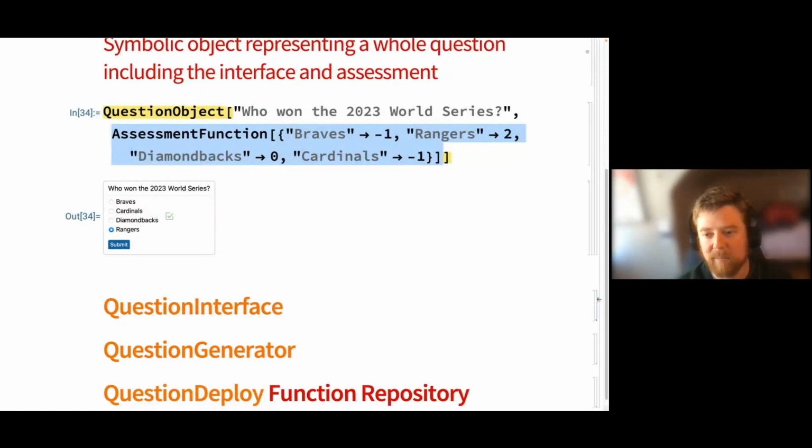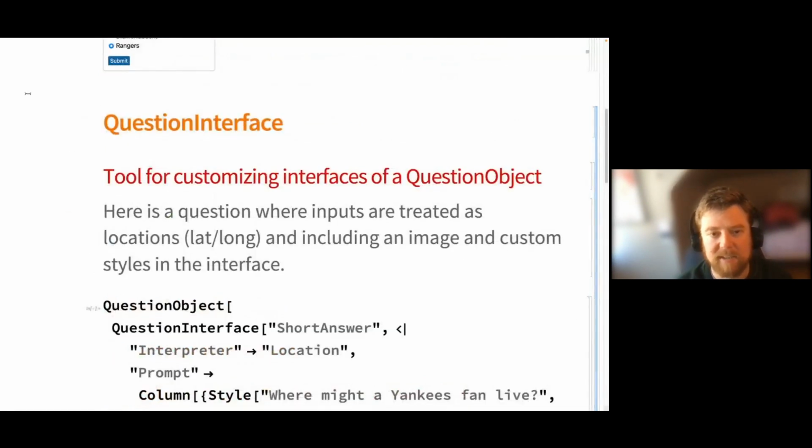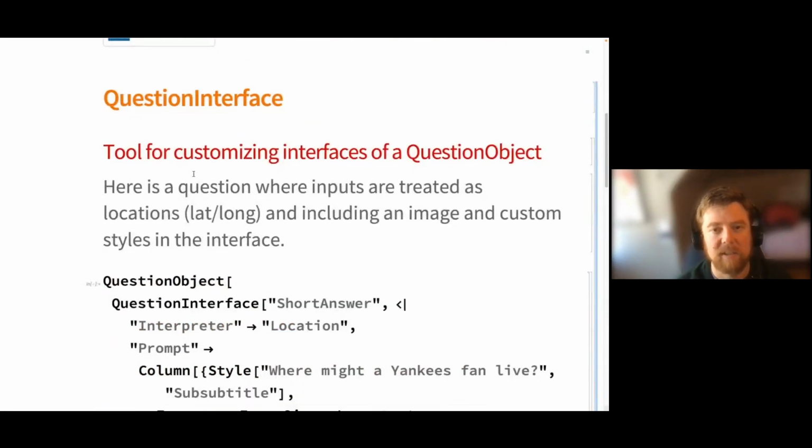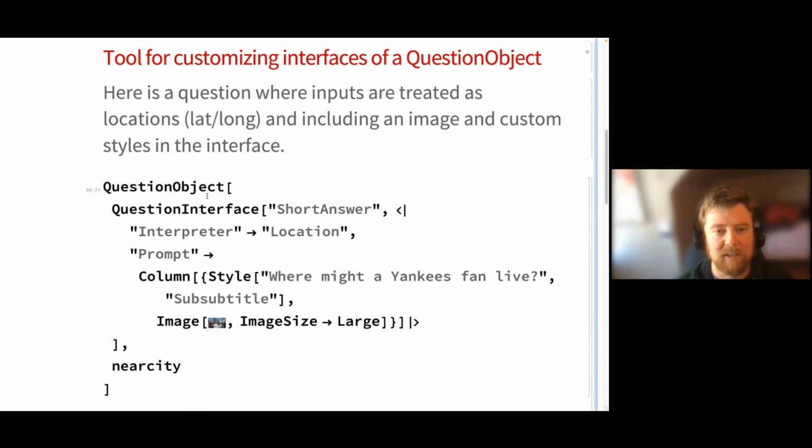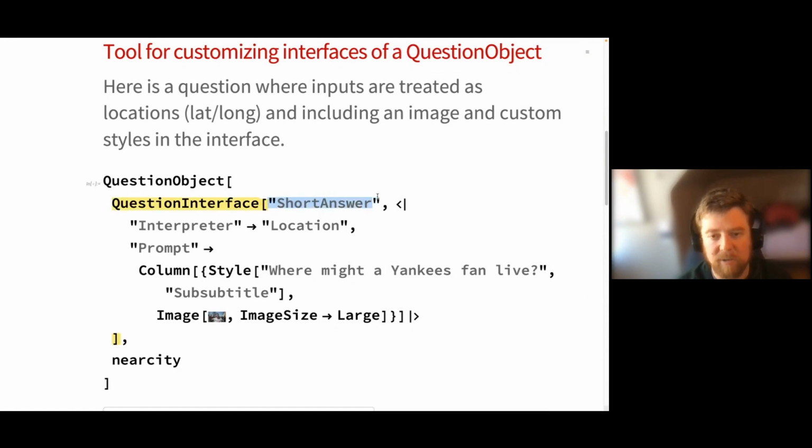Now you can make things a little more interesting by, instead of just putting this string in the first argument, using this dedicated symbol QuestionInterface. This allows much more interesting interfaces. You can customize it a lot more than just putting in some text. Here I'm saying it's a short answer question as opposed to multiple choice.